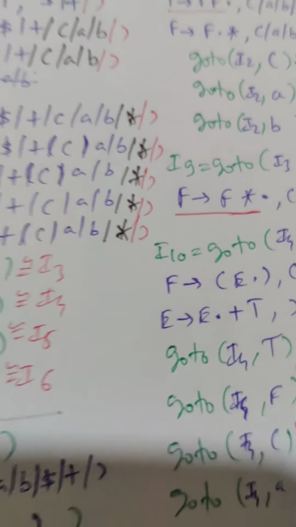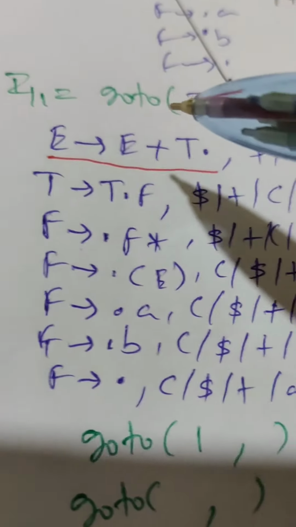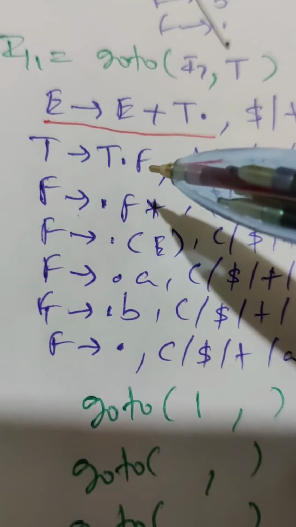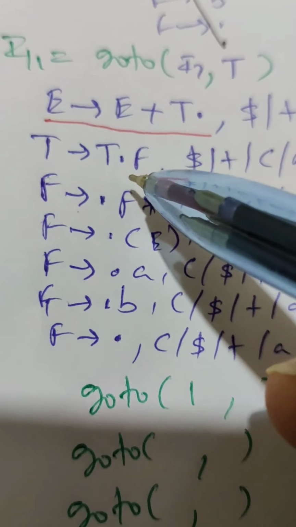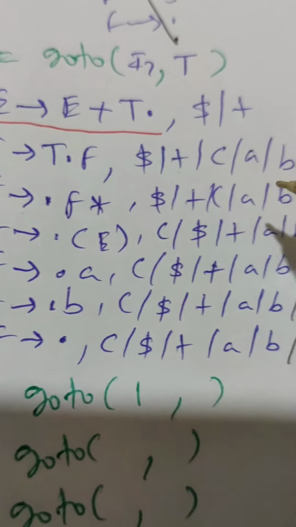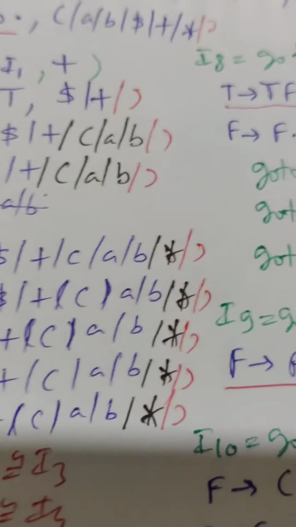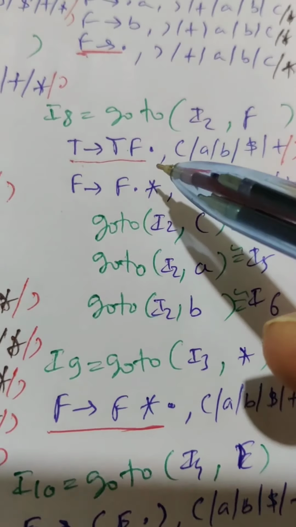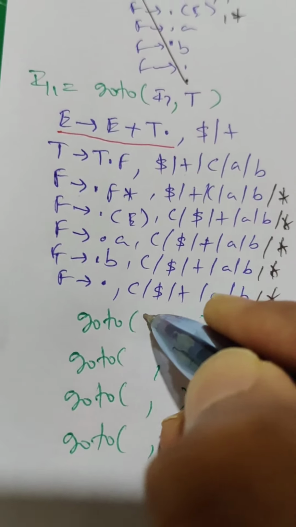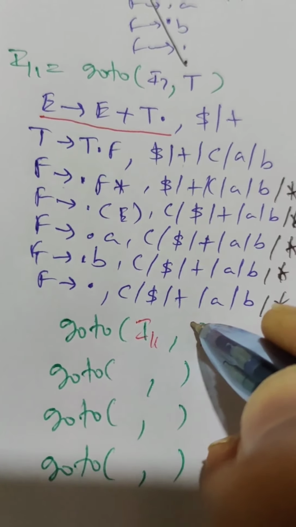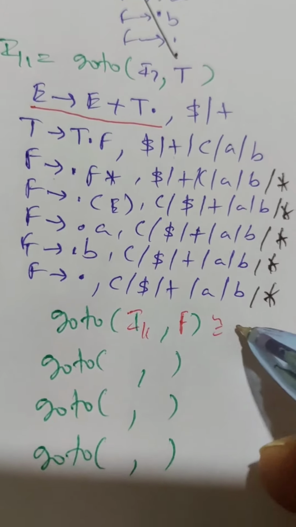Now let's move to I11. In I11, next is I11 comma F, which will be T goes to T F dot and all these lookaheads. So this is already here, as you can see, item number 8. So let's say this is I11 comma F, same as I8.